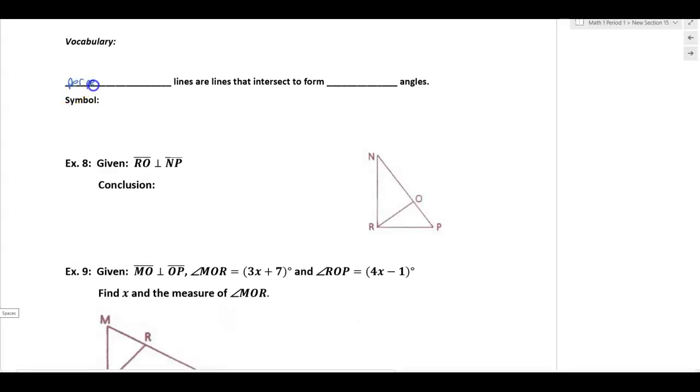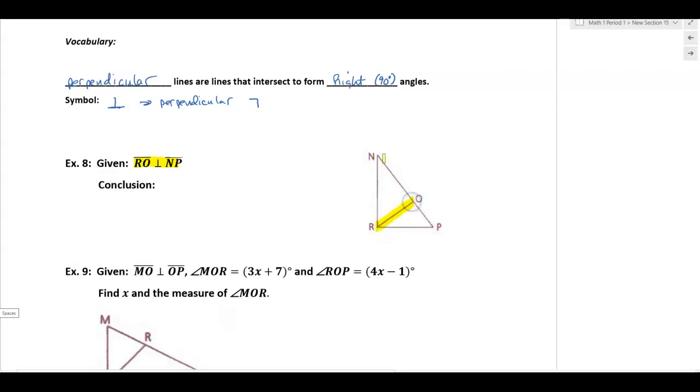We know perpendicular lines are lines that intersect to form right angles, or basically 90-degree angles. Now, this symbol represents perpendicular, and it allows you to put that little box right in the corner. So right now when I look here, RO is perpendicular to NP.